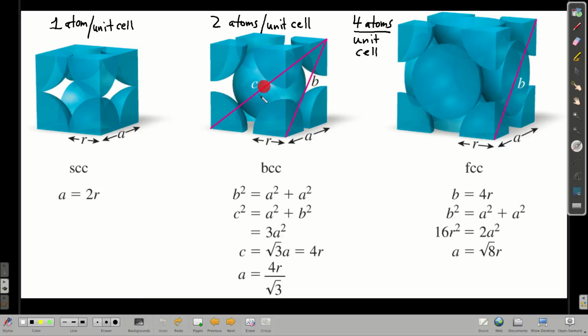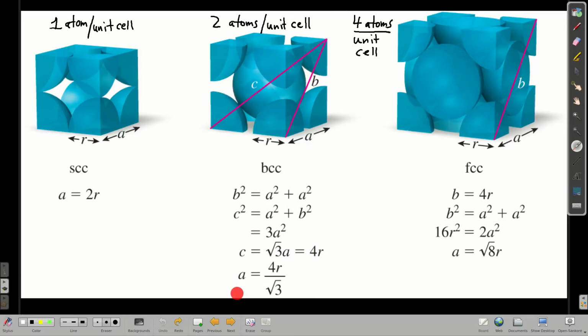We can say that C squared is equal to A squared plus B squared. But we know that B squared is equal to 2A squared, so C squared is really equal to 3A squared. Taking the square root of both sides, we get C equals the square root of 3 times A. And we also know that C is equal to 4R. So what we get is A is equal to 4R over the square root of 3.